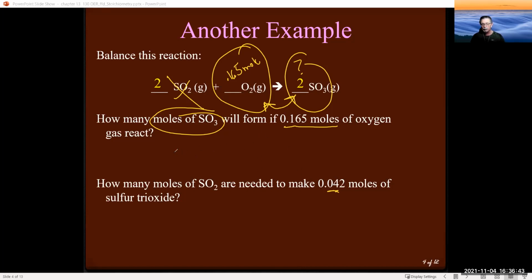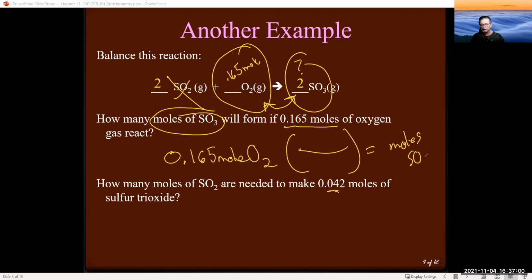So we write down what we're given, 0.165 moles of O2. We're going to use the conversion factor here, the mole ratio, I should say, and we're looking for moles of sulfur trioxide. So obviously sulfur trioxide is in the numerator and oxygen is in the denominator.